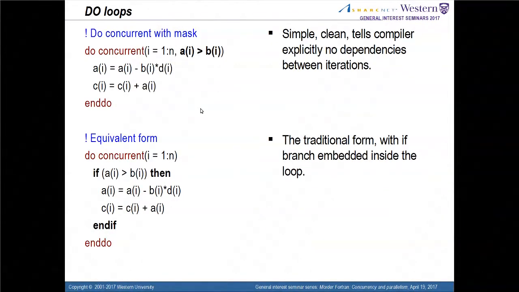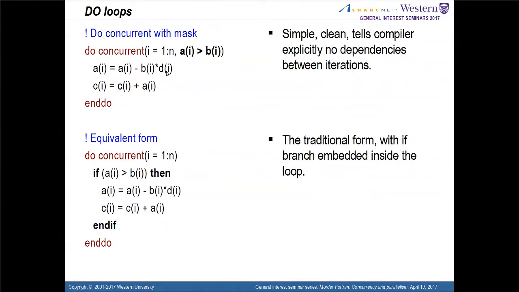This is a new language feature introduced to modern Fortran, currently the Fortran 2008 standard. This is simple, clean, and tells the compiler explicitly that there's no dependency between iterations. So the compiler can possibly generate code that can be vectorized and executed concurrently and in parallel.